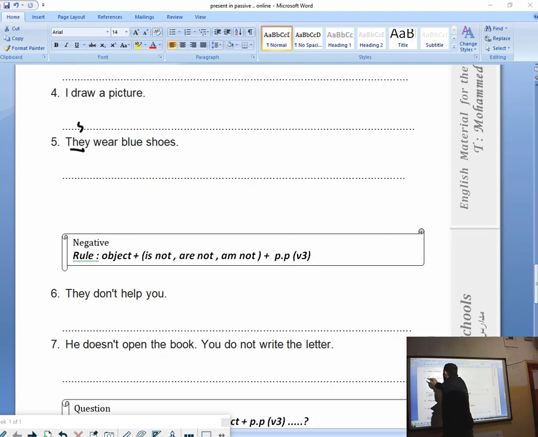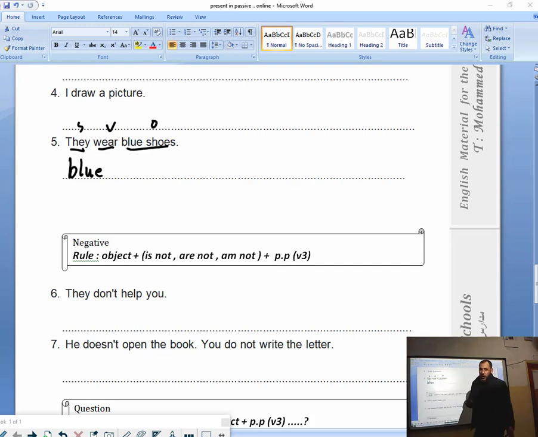First, they, subject, wear, verb, blue shoes is the object. We start with the object as always, but blue shoes, as I told you, shoes, we don't have, it is uncountable now, we don't have plural, so we always deal with it just like singular nouns.